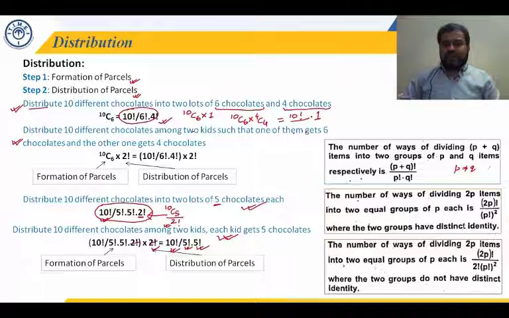But the number of ways of dividing 2P items into 2 equal groups of P each, where the 2 groups do not have distinct identities, in that case 2P factorial divided by P factorial into P factorial, and this 2 factorial also should be multiplied in the denominator, because the 2 lots or the 2 groups, equal groups, do not have distinct identities in this case. So which means they are identical. So if they are identical, you have to divide by 2 factorial.